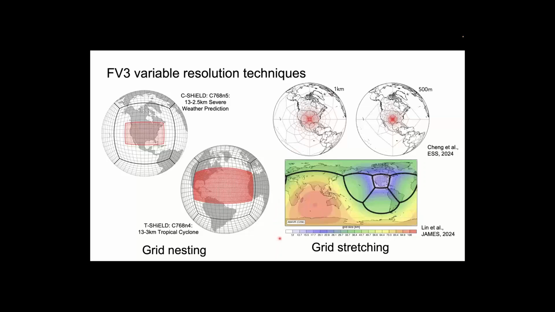Also, there's this new model that's being developed, which is a version of AM4 using a highly stretched grid over the US with an effective resolution of 13 kilometers, described in this very recent paper here.